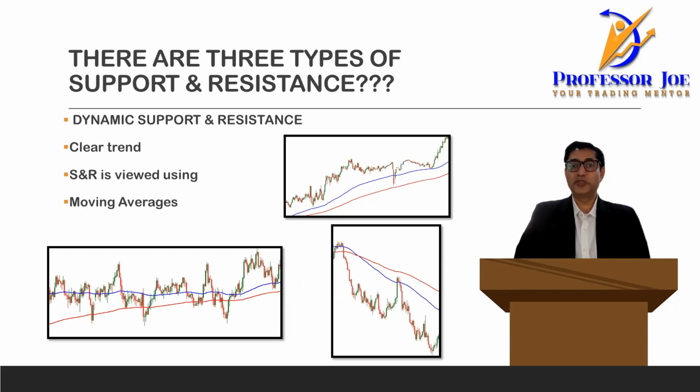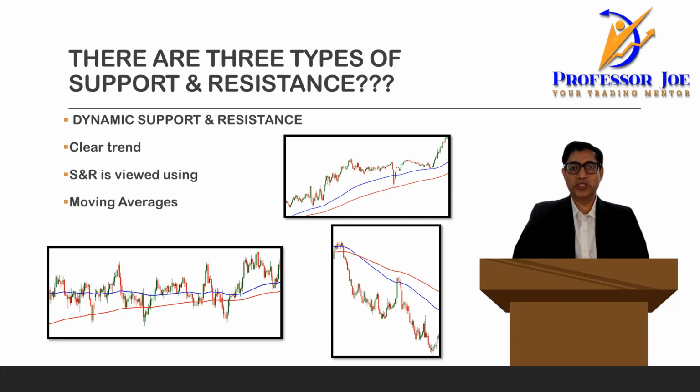Now, let us look at the third type of support and resistance, which is called dynamic support and resistance. For a dynamic support and resistance, you have to use two moving averages. Now the combination can be 10 and 20 moving average, 25 and 50 moving average. In this particular example, I have taken 100 and 200 moving average.